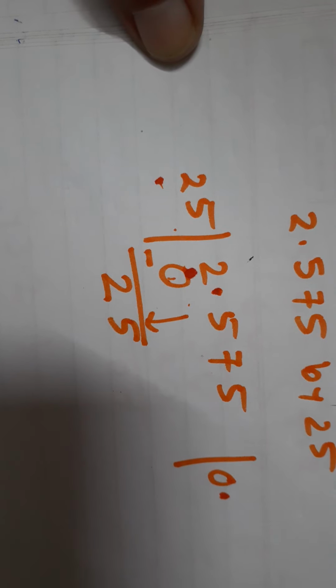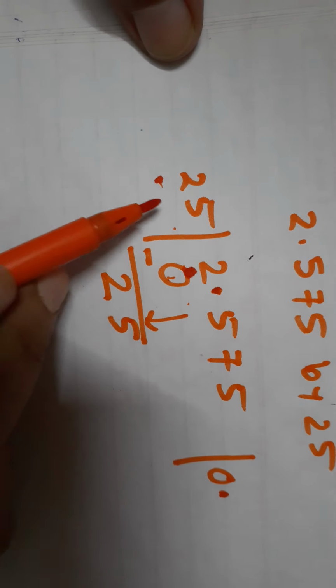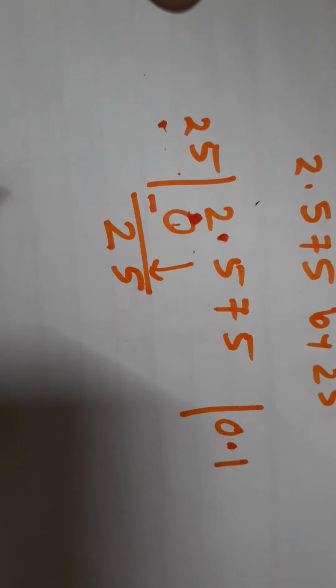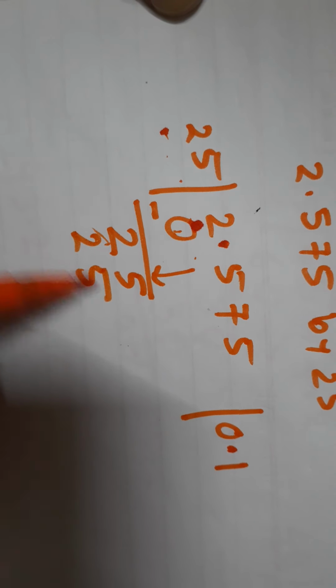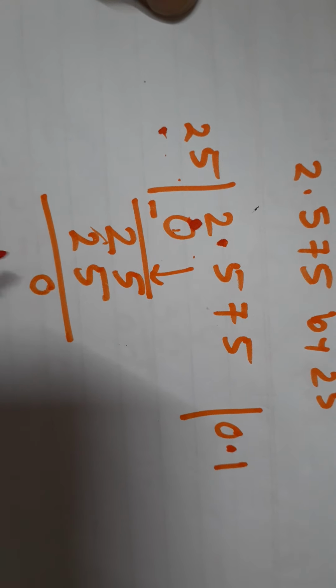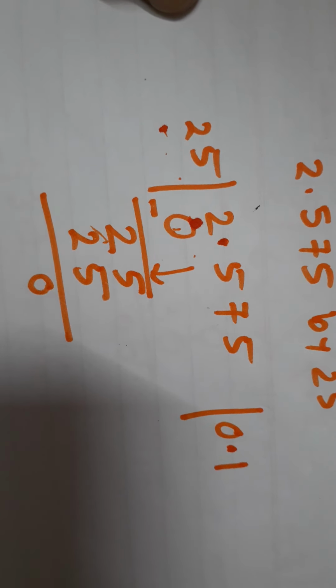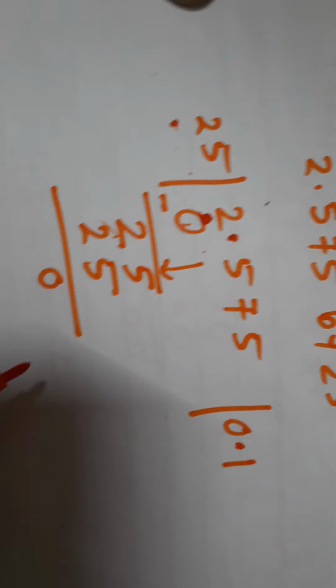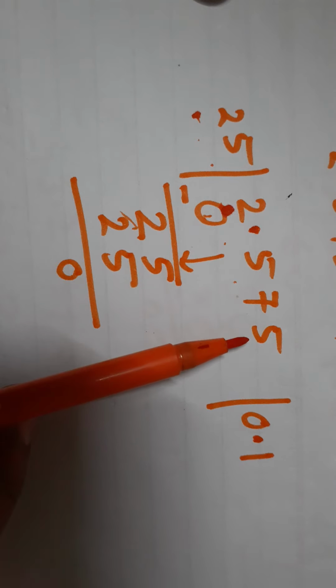When this 5 comes down and sits here, we can see how many times 25 goes in: 1 time. So we will write 1 here and 25 here. You can see, students, we are already getting 0 as our remainder, but we cannot stop here because this is not the end of the sum, because 75 is also there.